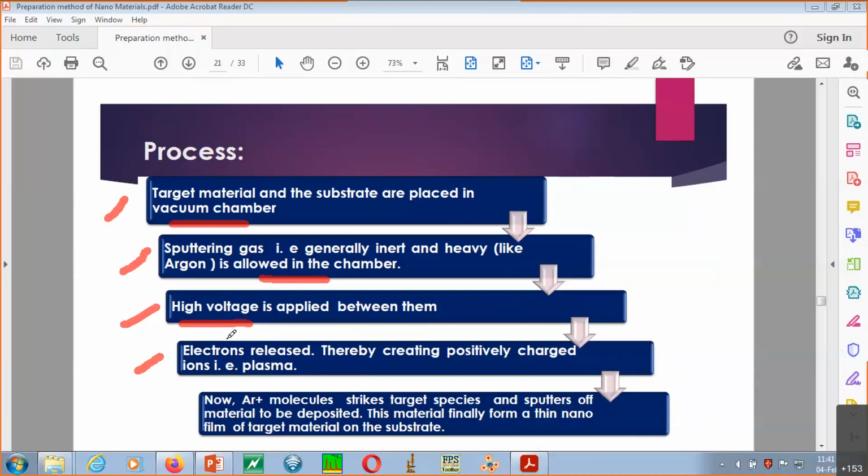That positively charged cloud of ions, we know as a plasma. Keep this terminology in mind. But don't confuse it with the actual plasma.